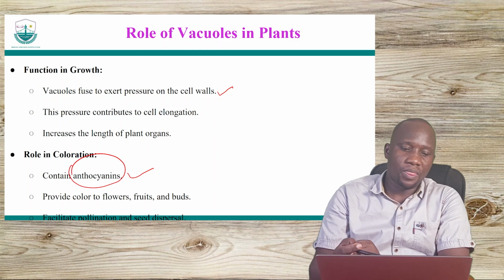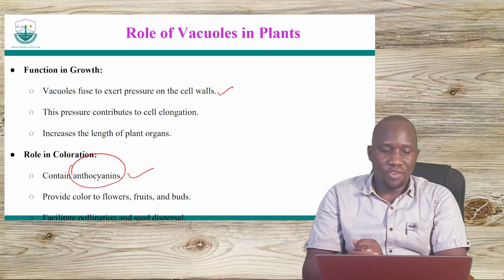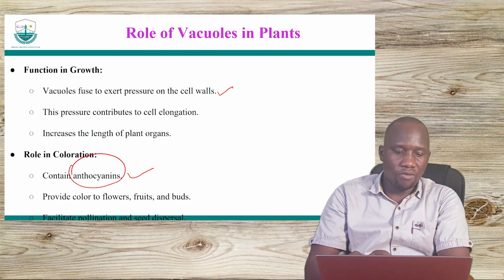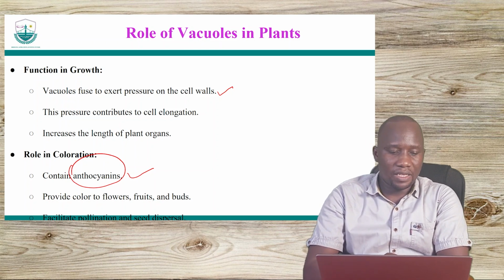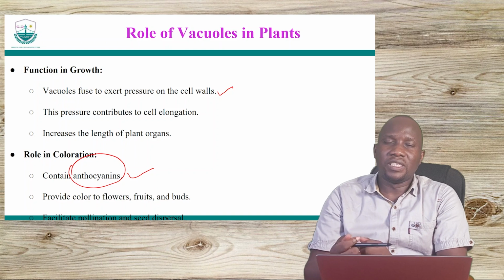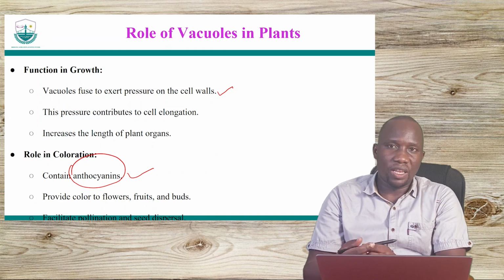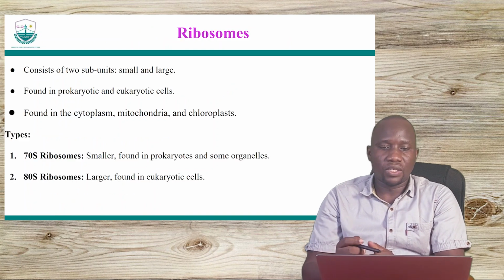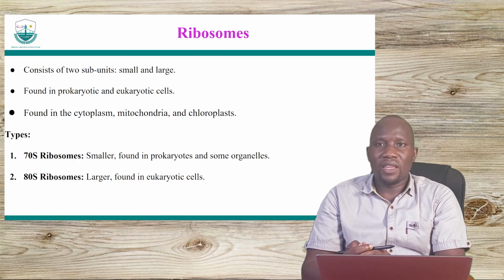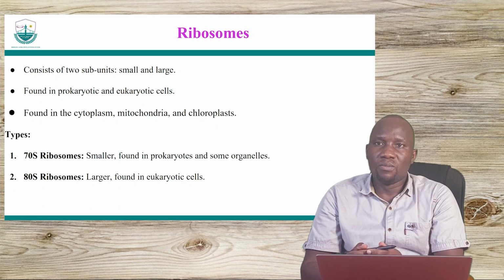If we have colored flowers, we have increased chances of pollination, and therefore seed development. So we move to other organelles that we call the ribosomes.